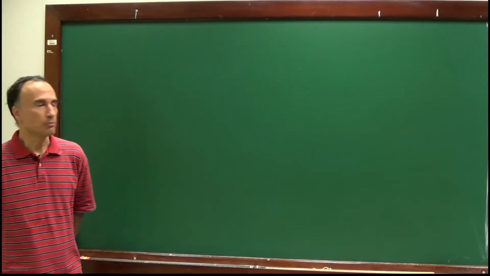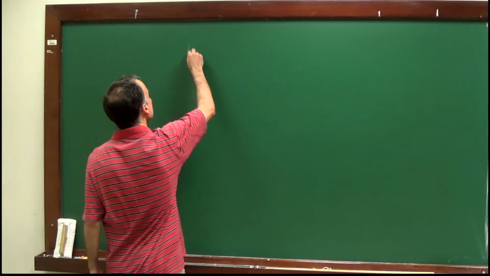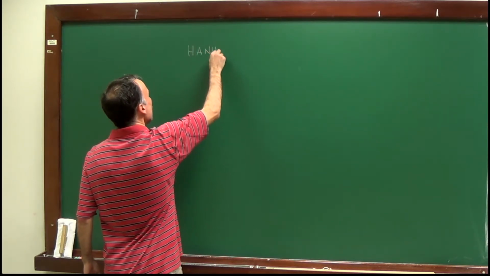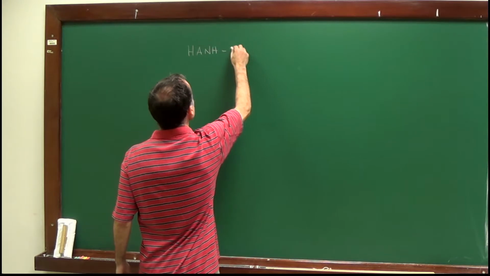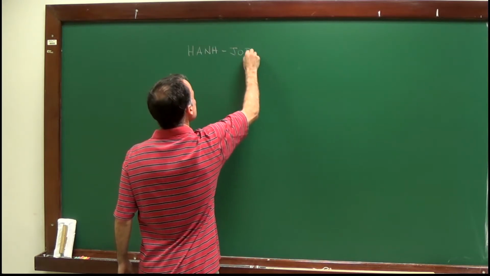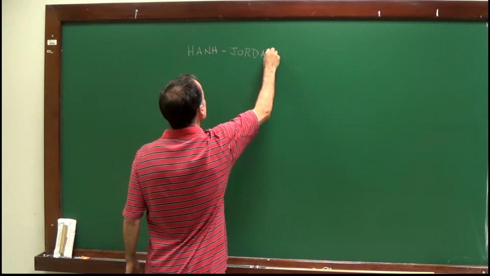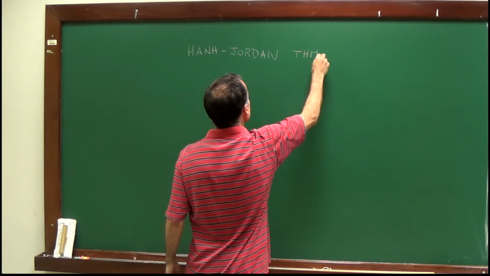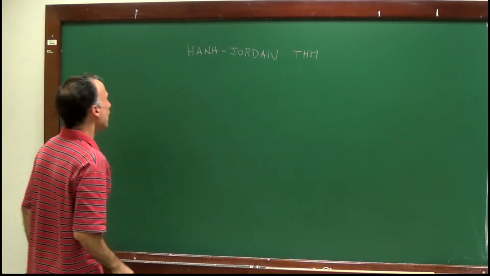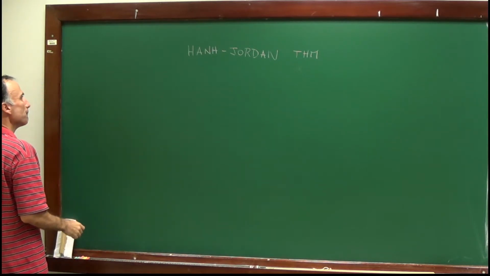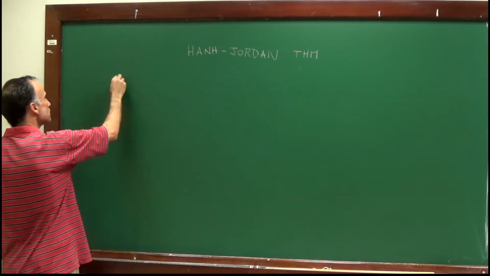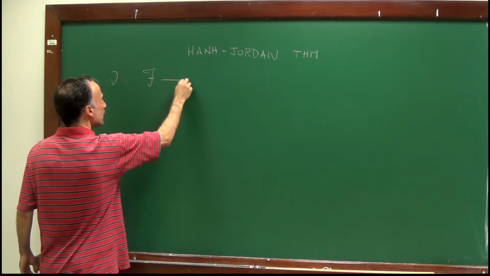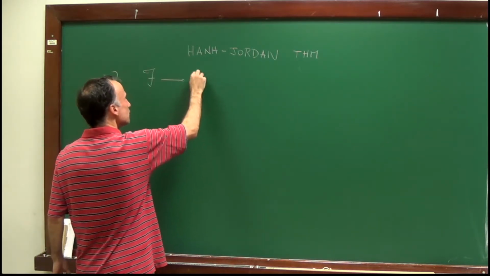So today I will prove Hahn-Jordan Theorem. For that we will consider functions, nu, which are defined on a sigma algebra and which take value on the extended line.